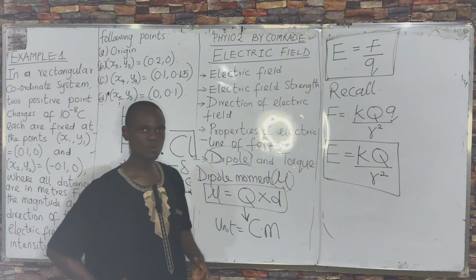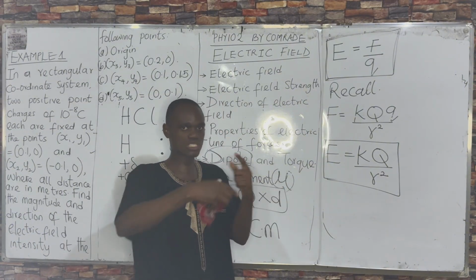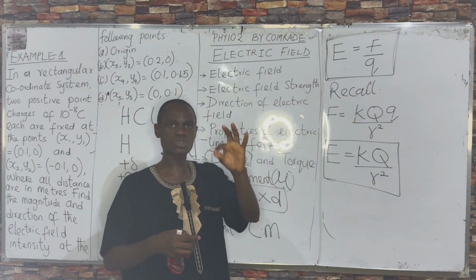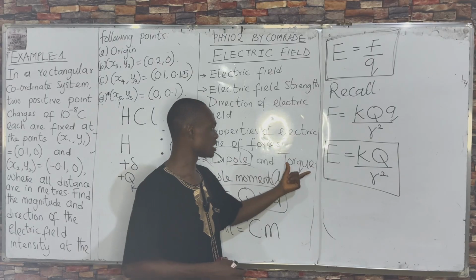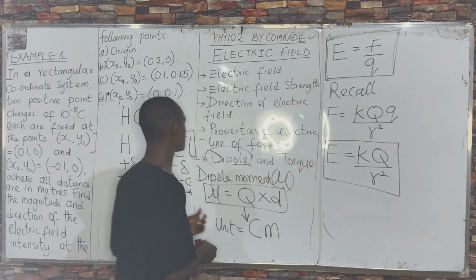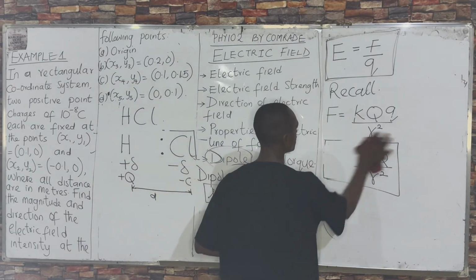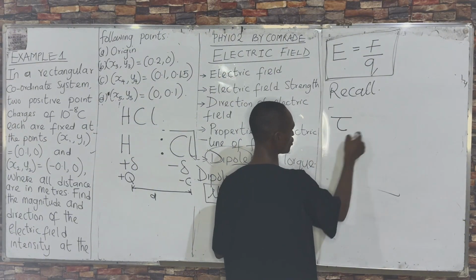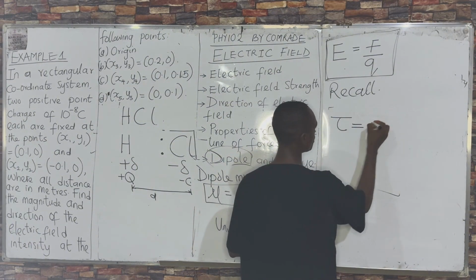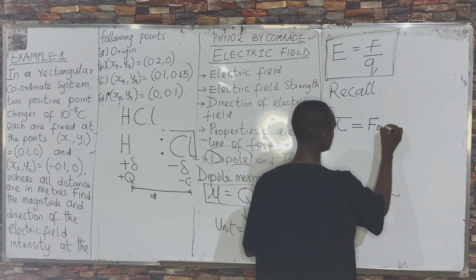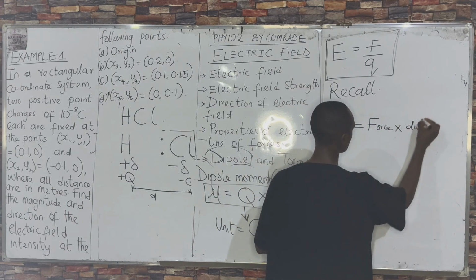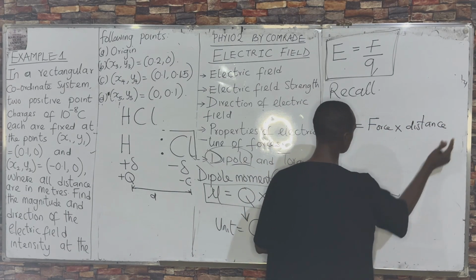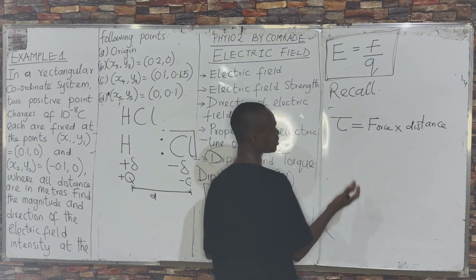So when a dipole is placed in a uniform electric field, it rotates. And the force responsible for rotational motion is called what? Torque. And in physics, we know that torque is actually equal to force times perpendicular distance from equilibrium of force or from rotational motion, right?